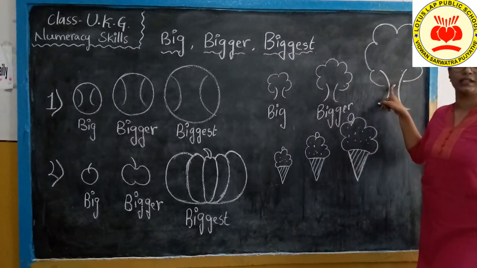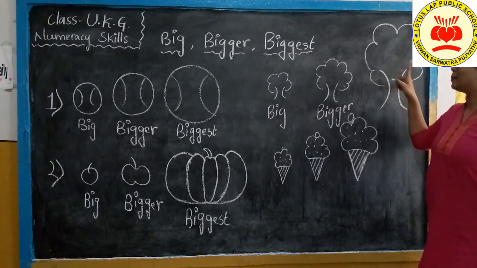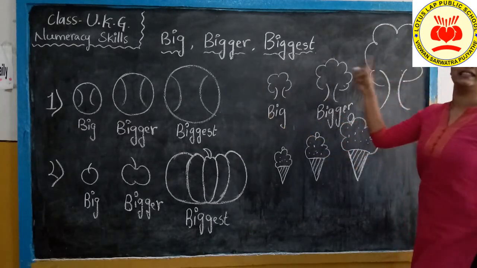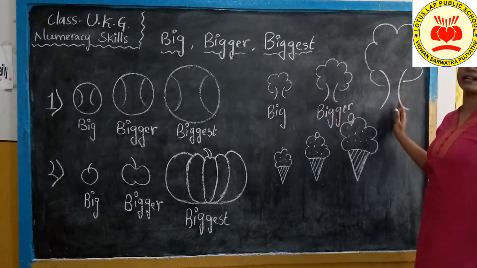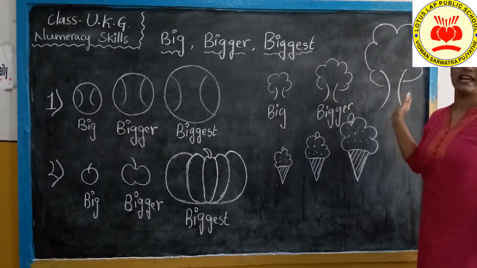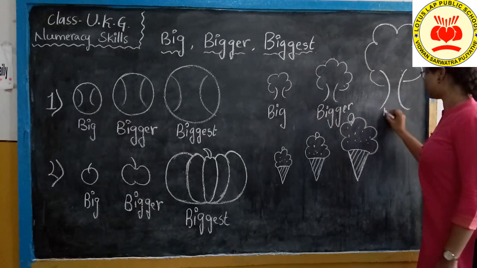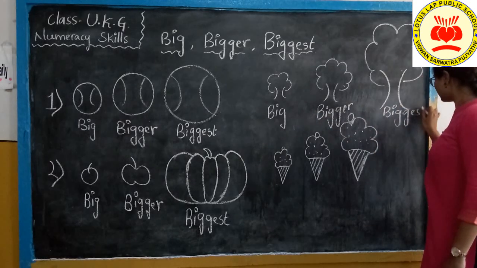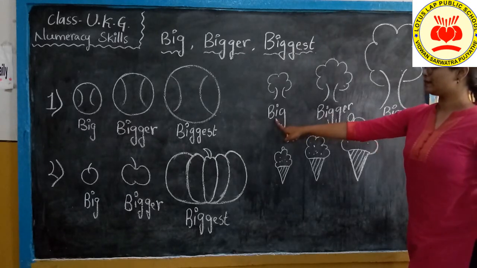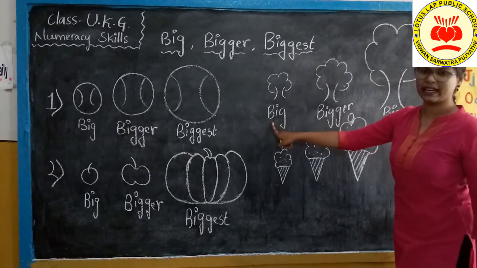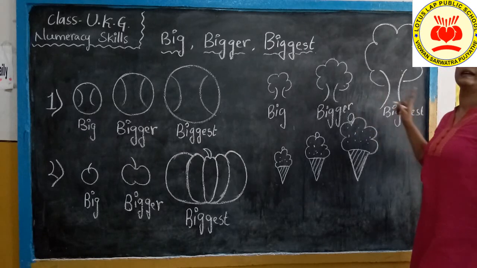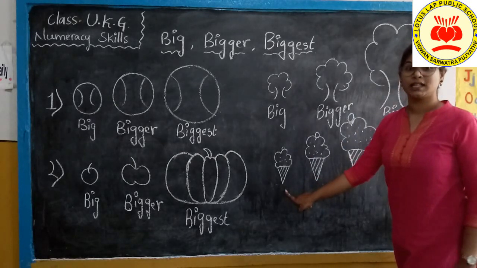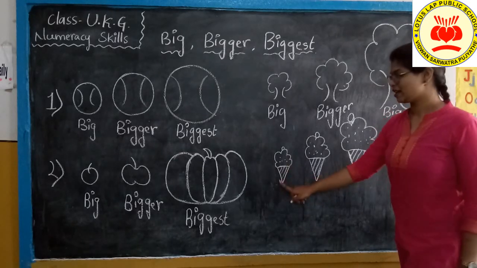The third tree is biggest among these three trees. Biggest. So, sizes: big, bigger, biggest.